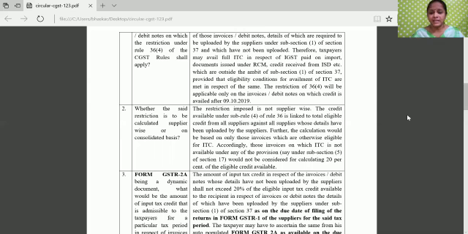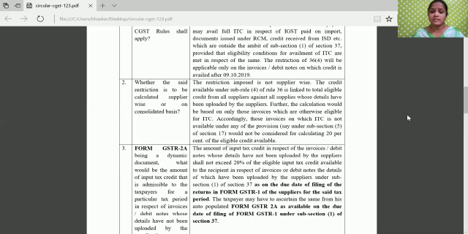Further, they have clarified that the calculation should be based only on those invoices which are otherwise eligible for ITC. They have also mentioned the percentage as 20%.